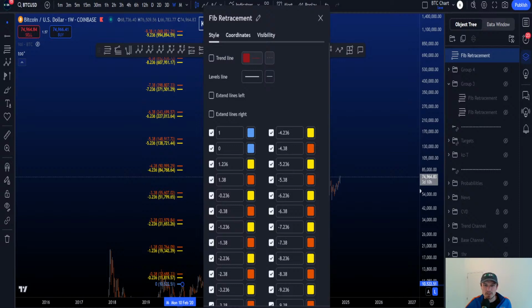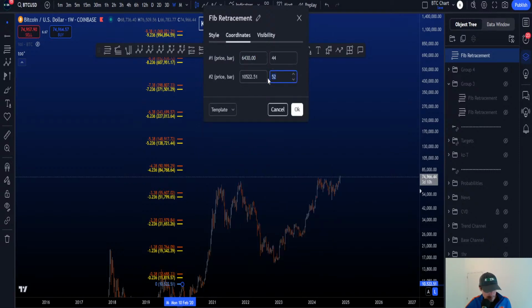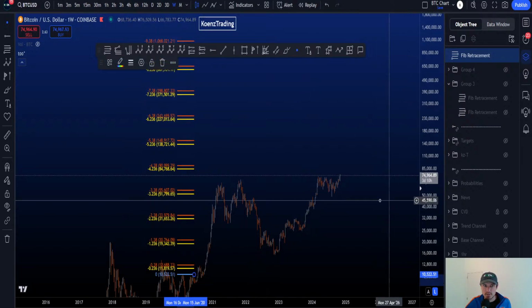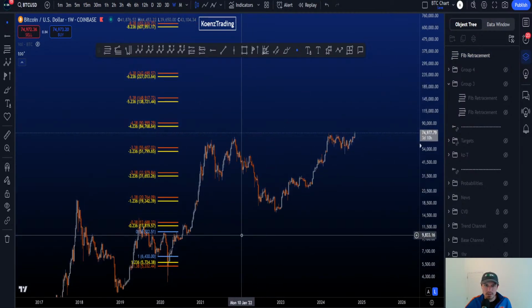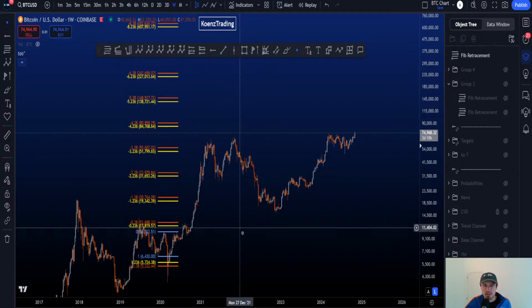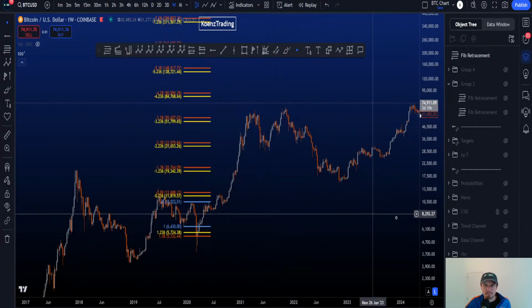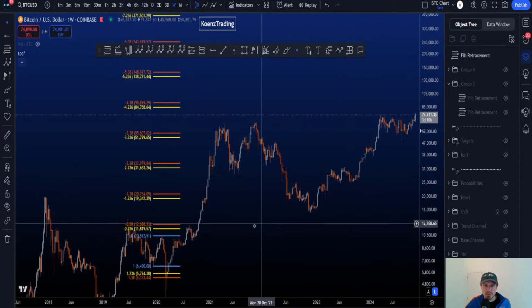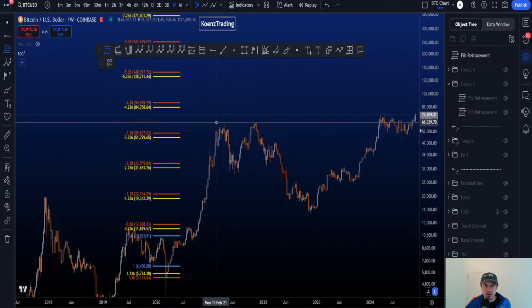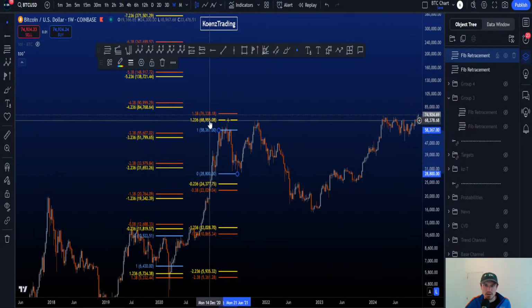I might eventually save templates and turn that off. Back in the day, the old Koen loved to have extended fibs. Everything was extended. Okay, now we know that this one is nicely respected. We just keep it on the chart. Now on a weekly time frame, there's of course not a lot of pulls that one can do.